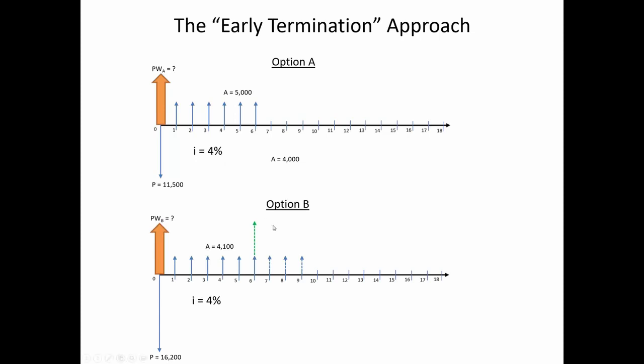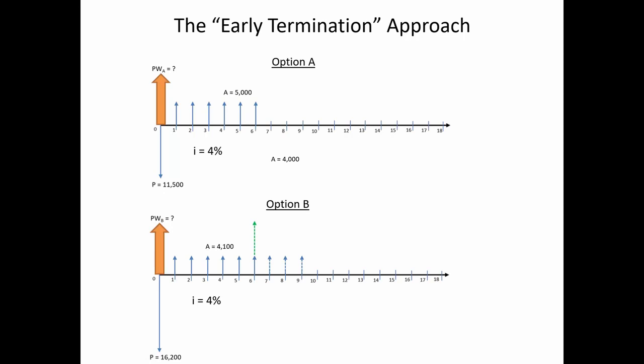And so the green arrow here does not represent the present value of this revenue. It represents the salvage value of the equipment. So in other words, those two things may not be the same.